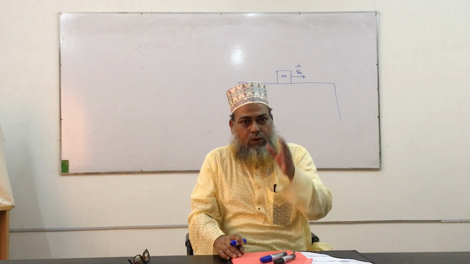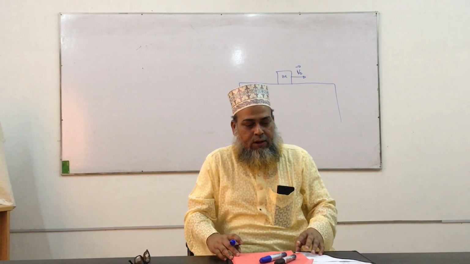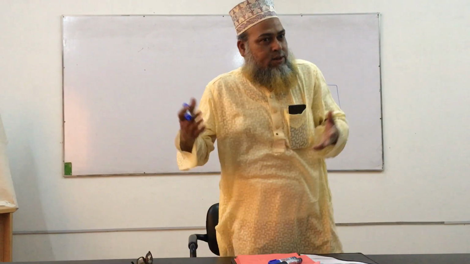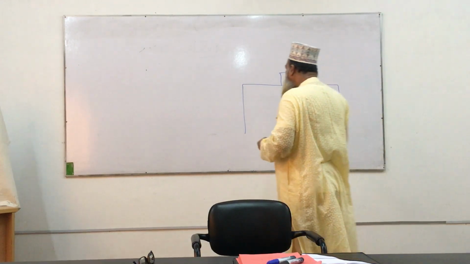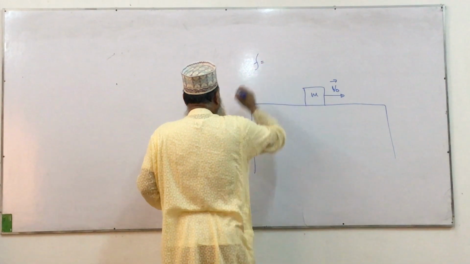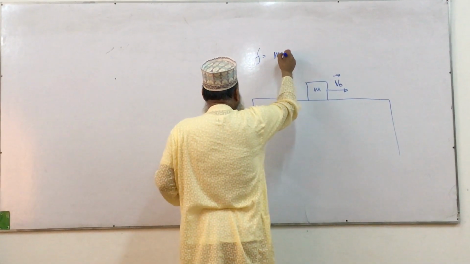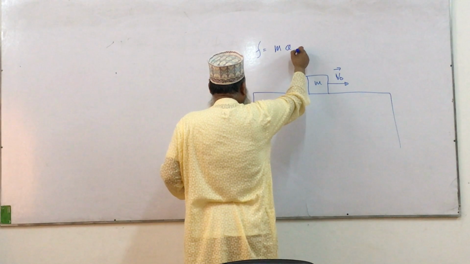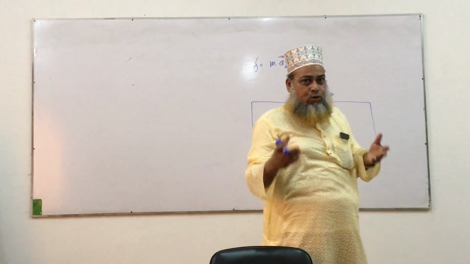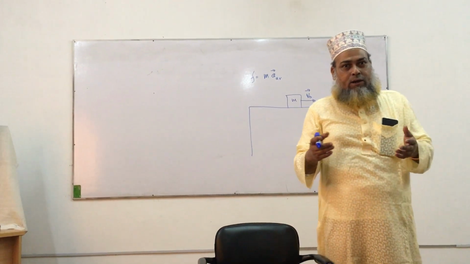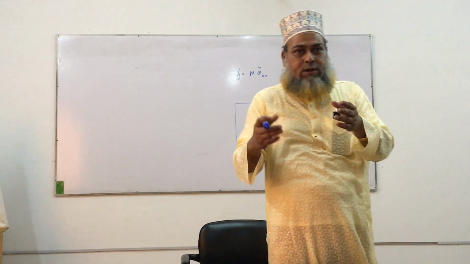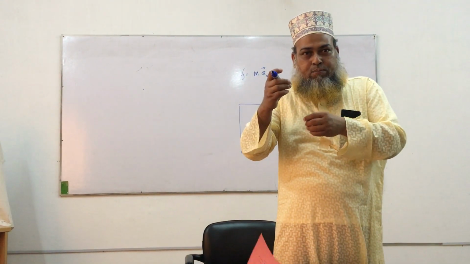As we know from Newton's law, every acceleration can be associated with a force. So we can say that the frictional force is F equals m a. Because we don't know what actually the acceleration is, this acceleration usually changes. It goes a little bit up, a little bit down.